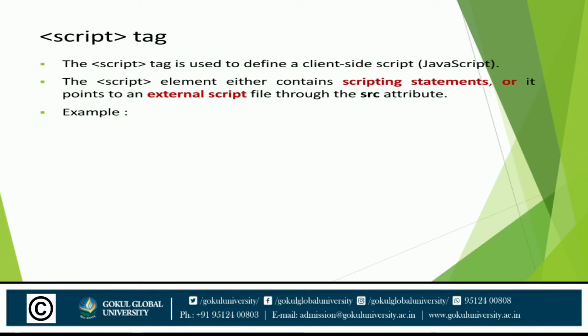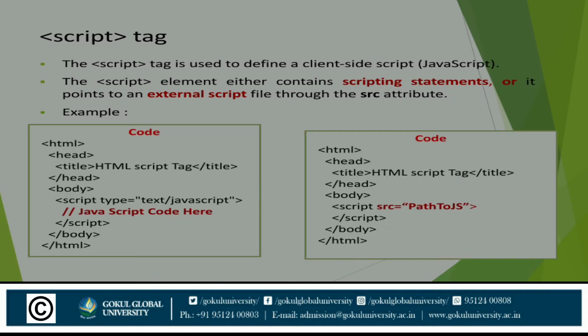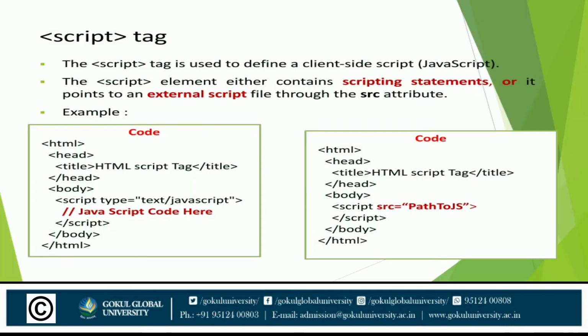In the JavaScript language, the script tag is used to define client-side scripting. The script element either contains scripting statements or it points to an external script file through the src attribute. See the example.